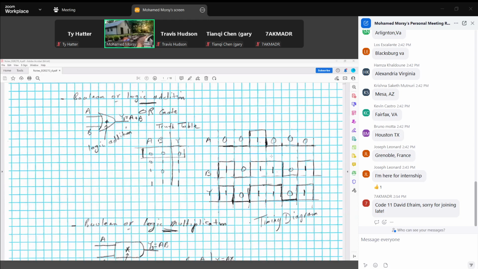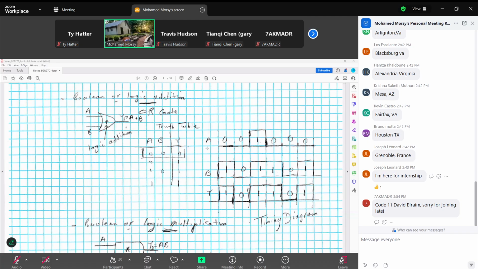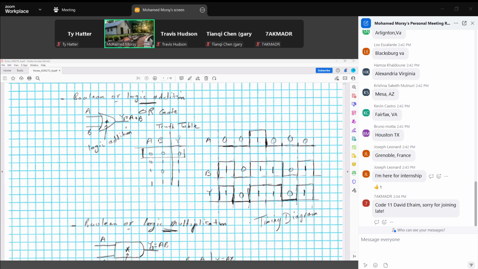One may go very traditionally, like 0 plus 1 is 1, 0 plus 0 is 0, 1 plus 1 is 1. That is right, but this is not reliable. Why? Because if you have a long stream, you lose a lot of time doing that, and you may have more errors. So what we do, we use this advantage.